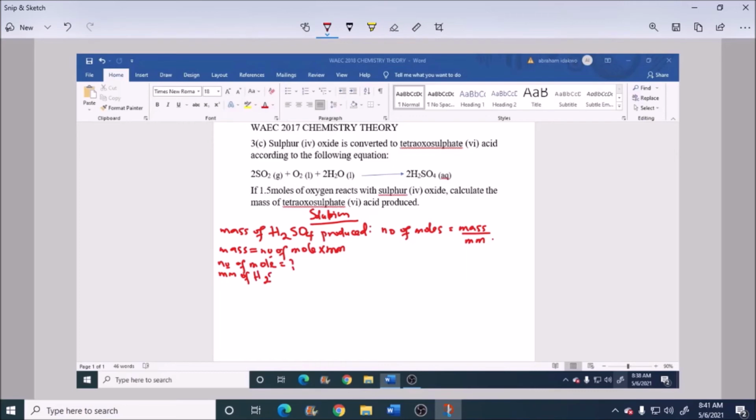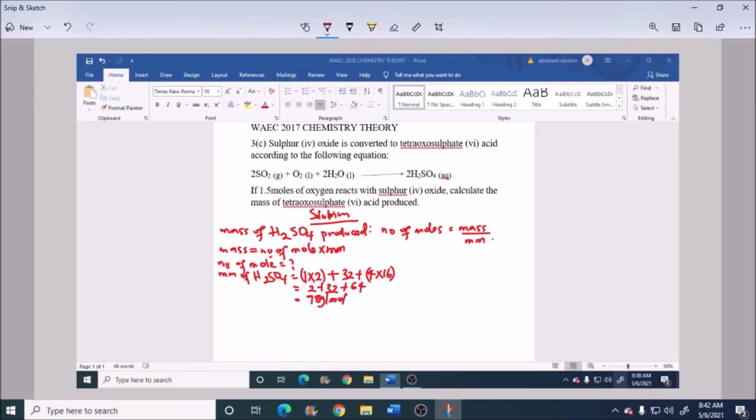Then we calculate the molar mass of H2SO4. Molar mass of H2SO4 equals: we have 2 atoms of hydrogen, that is 1 multiplied by 2, plus 1 atom of sulfur, which is 32, plus 4 atoms of oxygen present in tetraoxosulfate(VI) acid, that is 4 multiplied by 16, which is 64. So 2 plus 32 plus 64 equals 98 grams per mole.